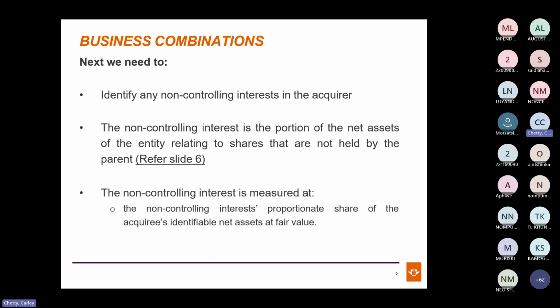Then the portion that is not owned by the parent is going to be referred to as the non-controlling interest. The non-controlling interest is measured at the non-controlling interest's proportionate share of the acquiree's identifiable net assets. Okay, so we are going to measure the non-controlling interest at their share of the acquiree's identifiable net assets.